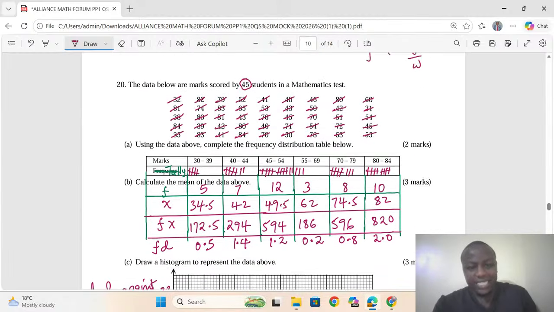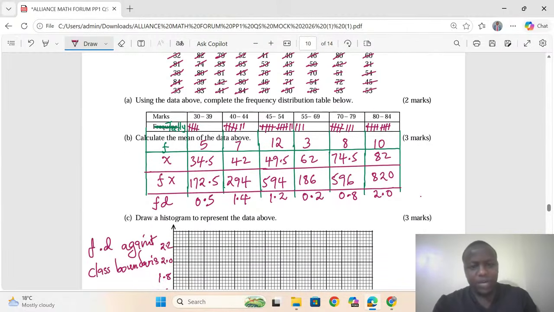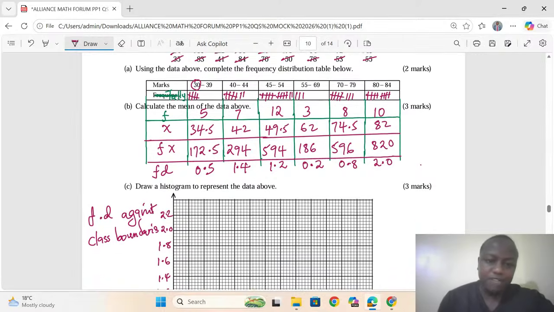Now on the other axis, you can see the smallest class boundary is 29.5. So we can have it on the starting of the axis, 29.5 here.